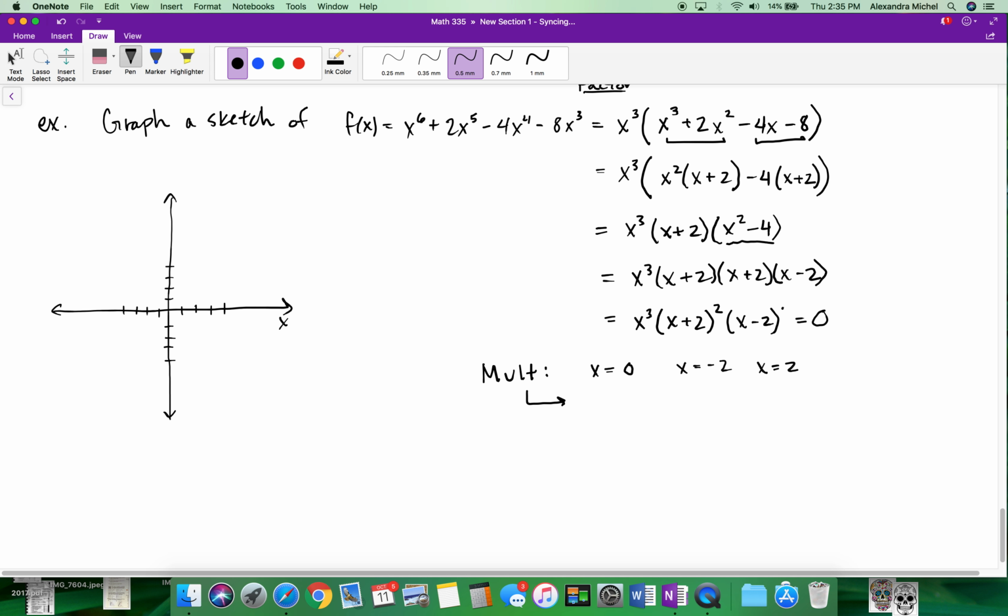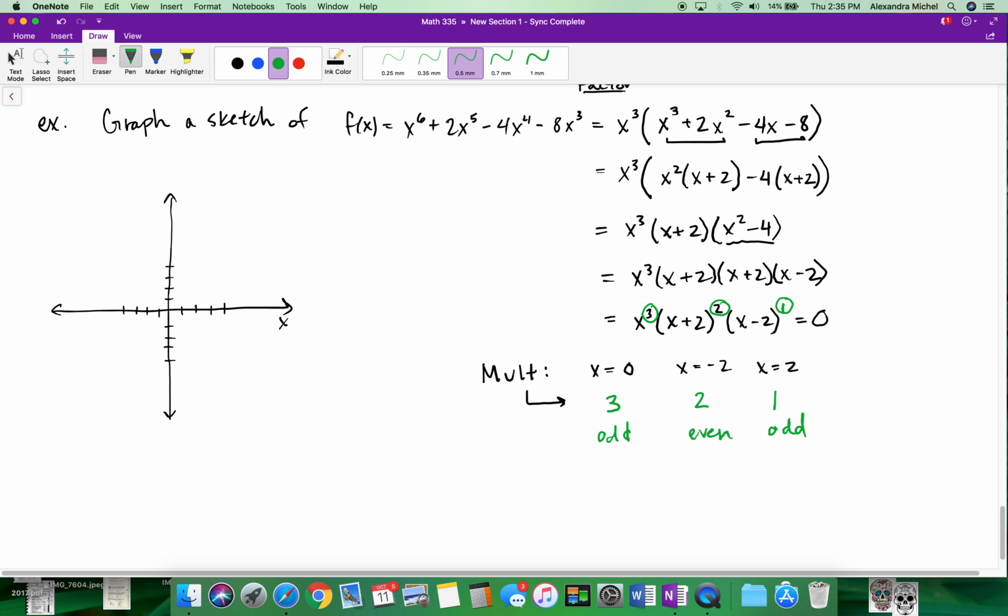Now the multiplicities of each: for 0, I have a power of 3, so the multiplicity is 3. For -2, I have a multiplicity of 2. And for x minus 2, I just have one of those, so this is 1. So we have odd, even, and odd.